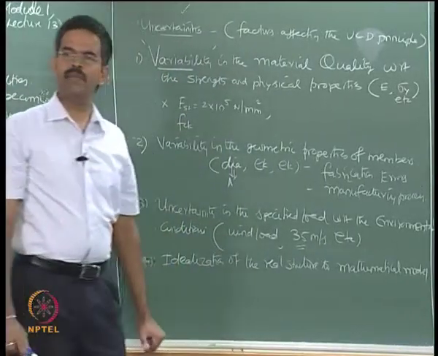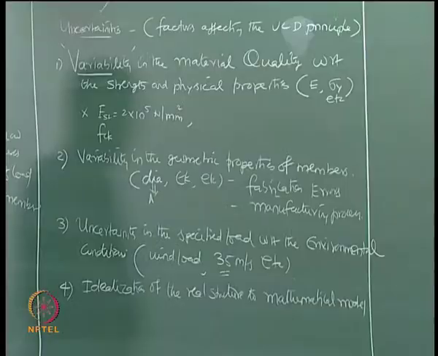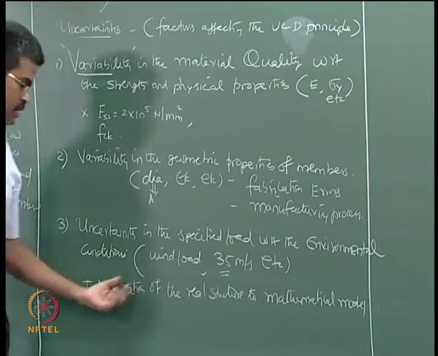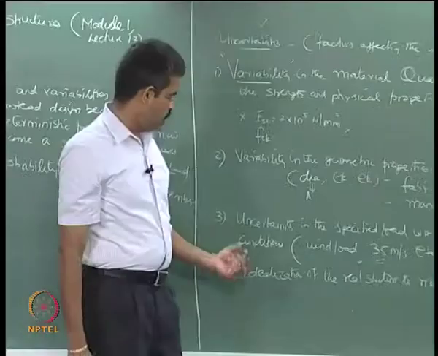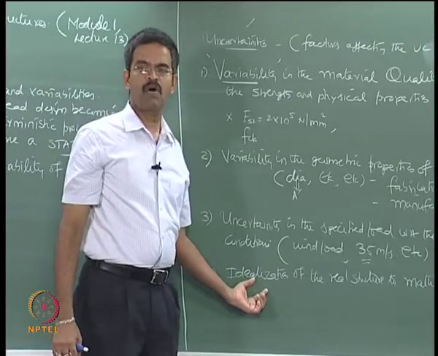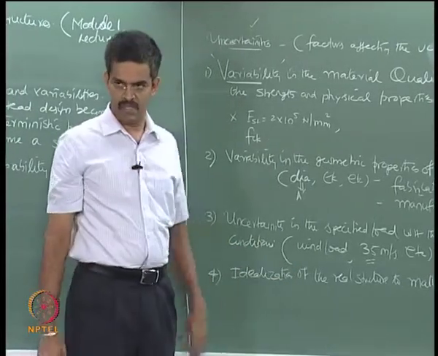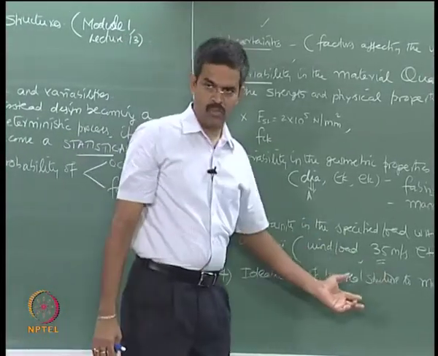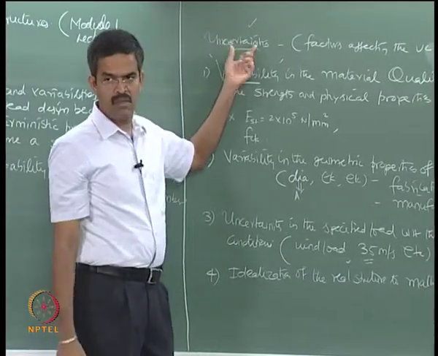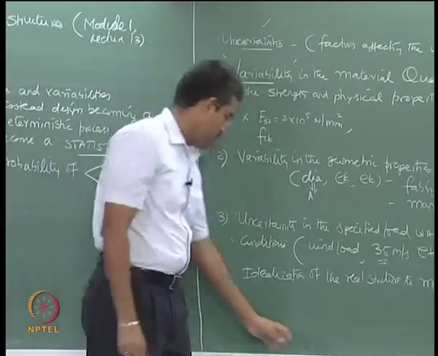When you prepare a mathematical model which should simulate exactly the real conditions of the structure, you make a lot of idealizations which we call structural assumptions in the analysis. They all will add to uncertainties in your analysis and design process.